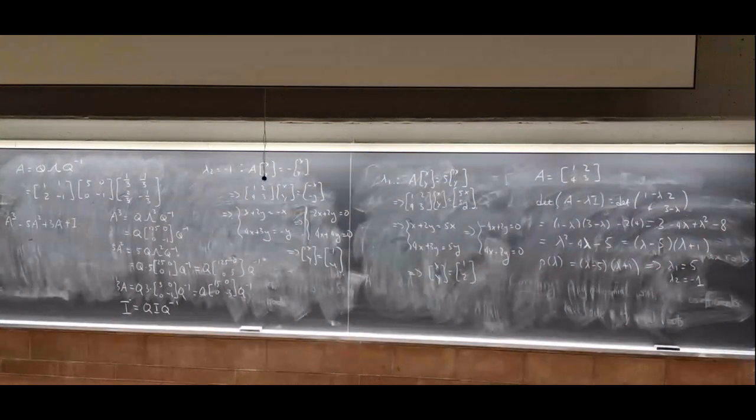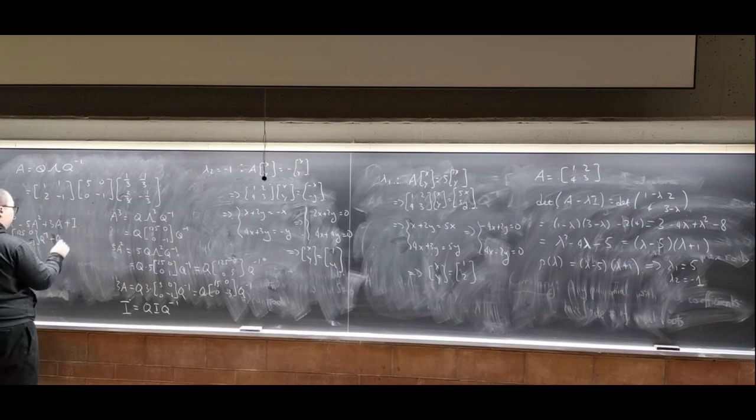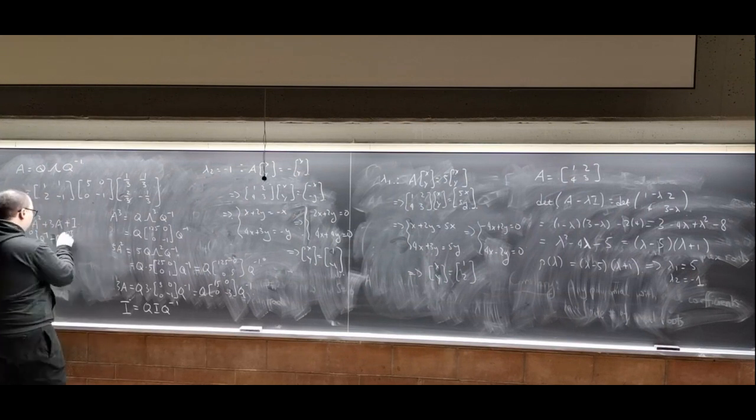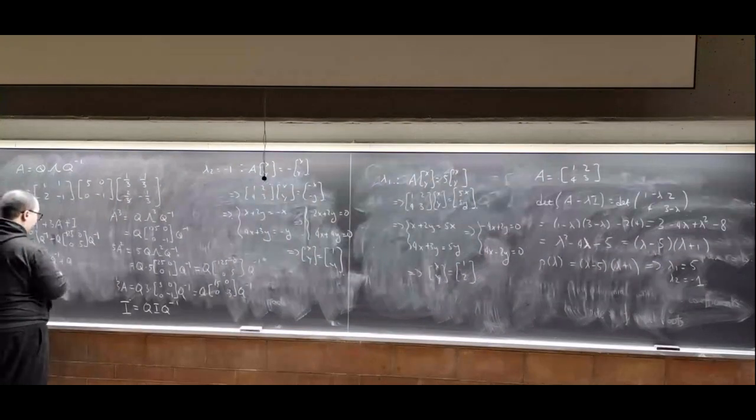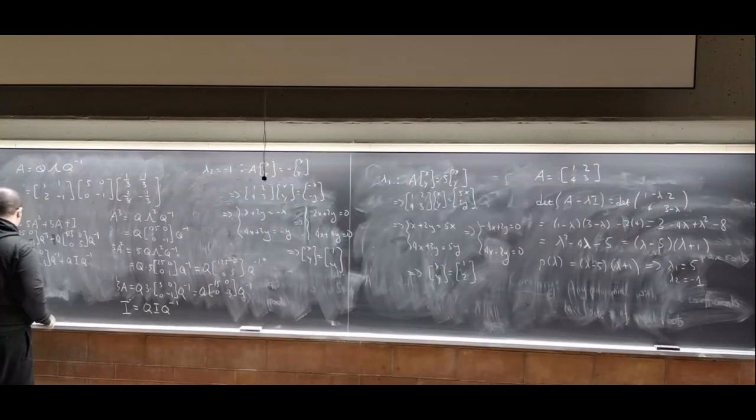Well, this equals Q times 125, 0, 0, minus 1, Q inverse, minus Q times 125, 0, 0, 5, Q inverse, plus Q times 15, 0, 0, minus 3, Q inverse, plus Q identity Q inverse.